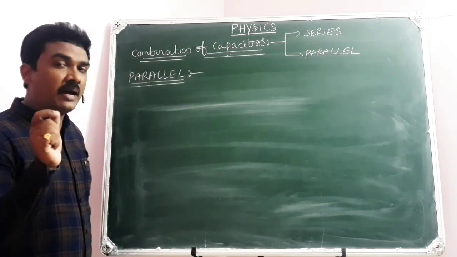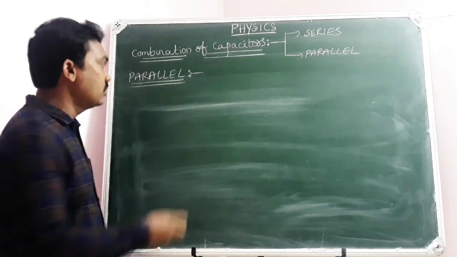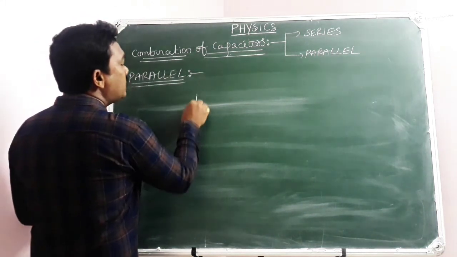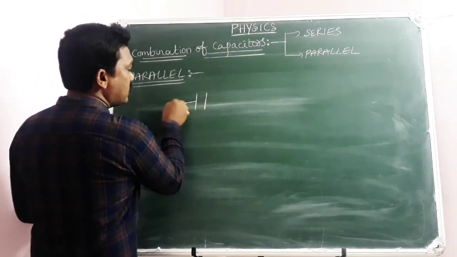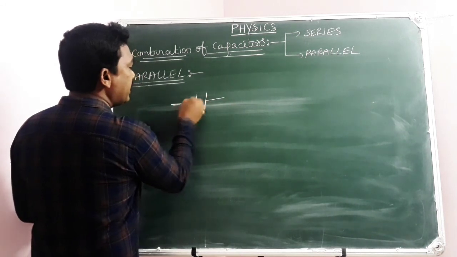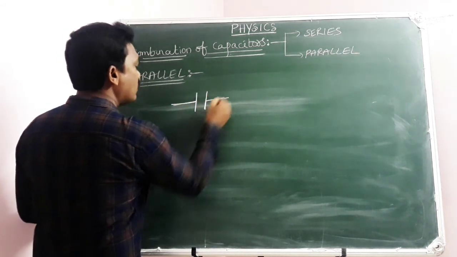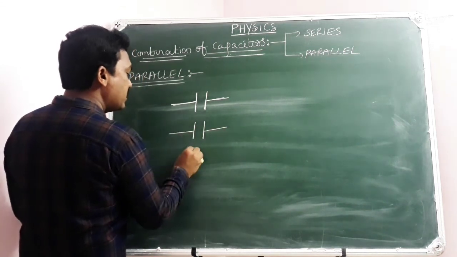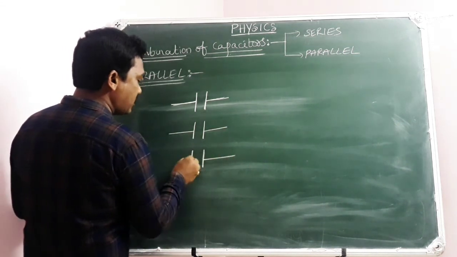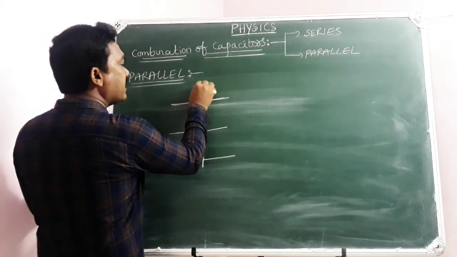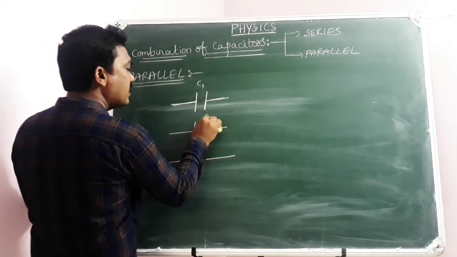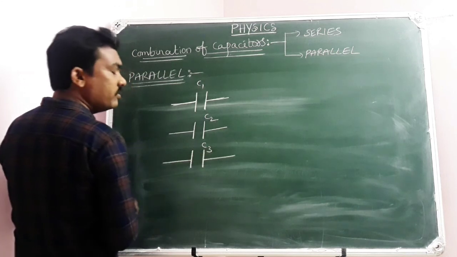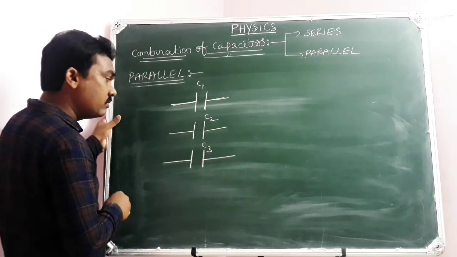Now we are dealing with the parallel combination of capacitors. In this combination, 2 or more capacitors will be connected together so that the same potential difference will be maintained across every capacitor. Here let me take 3 capacitors of capacity C1, C2 and C3, not yet charged.